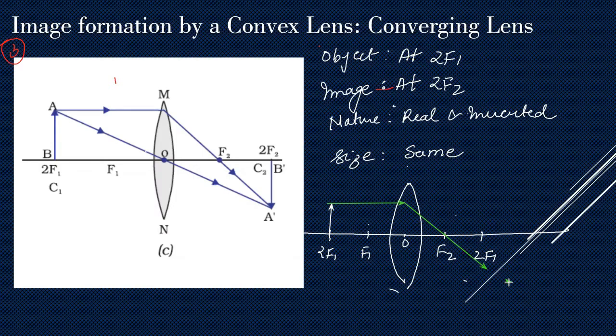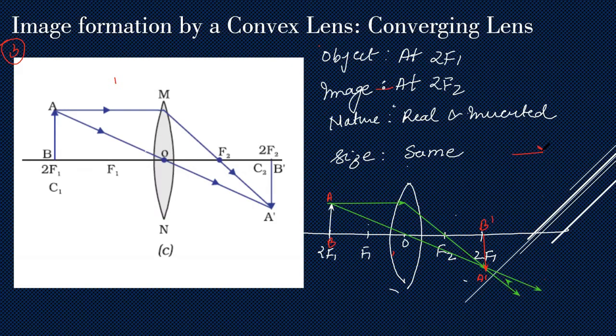Another ray, let it pass through, just extend this a bit, pass through focus. Another ray passing through optical center. Yes, right? So now, see, the red one is your image. So if this is A, B, this is going to be A dash, B dash.